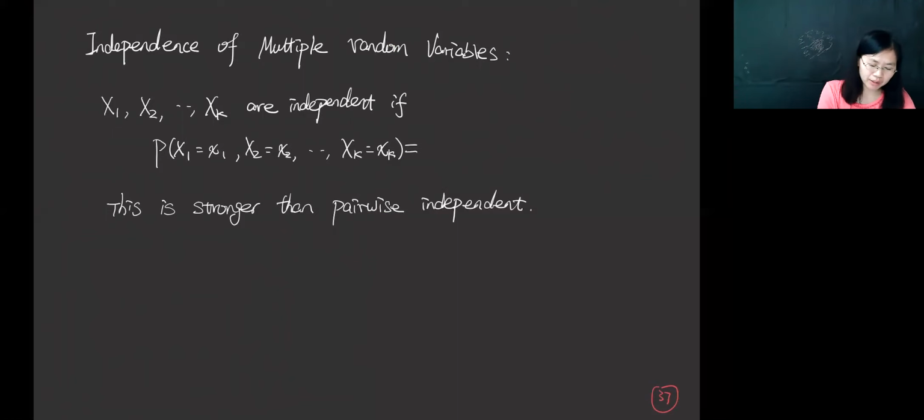So x1, x2 to xk are independent, or statistically independent, or jointly independent, if the joint PMF of the k variables is the product of the marginal PMFs. Satisfies the product rule.